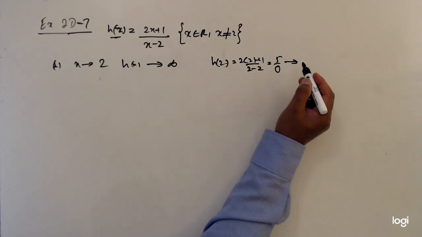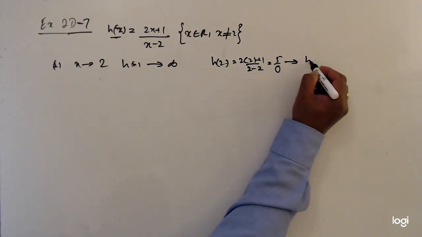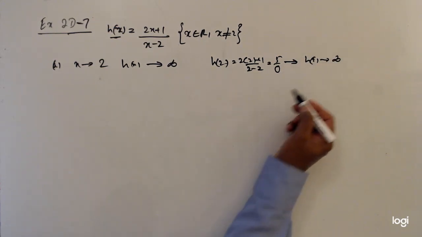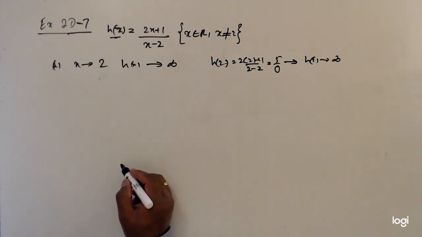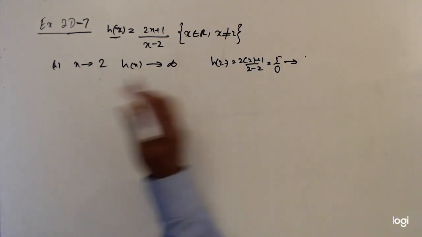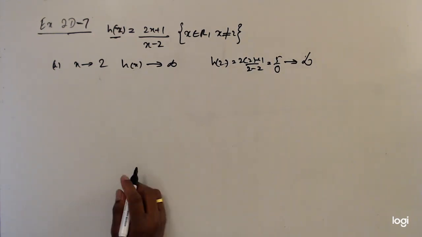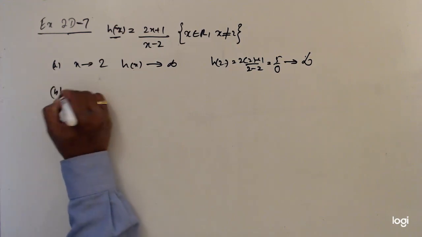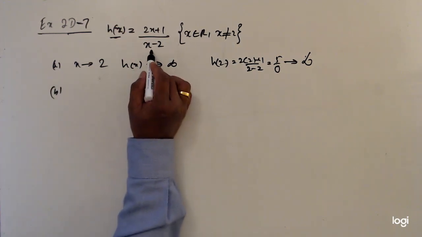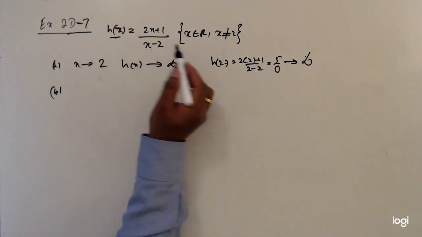So h2 tends towards infinity. Part B: x equals 2 is an asymptote.